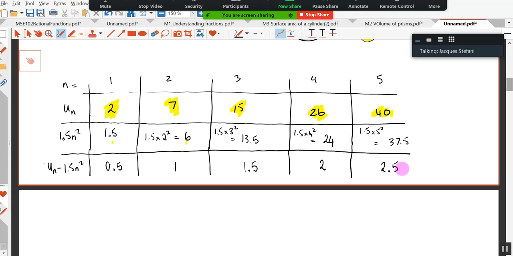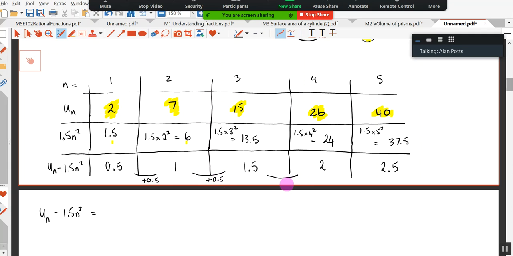Constant difference. Okay, we now have a linear sequence in its own right. So this is the bit we have to add on to this part to give me where I want to be. I don't normally do it like this myself, but I know it's in the book. So we can say, well, un minus 1.5 n squared is equal to, well, how would I describe that? Well, would you say plus 0.5? Yeah, so this one is plus 0.5 every time.